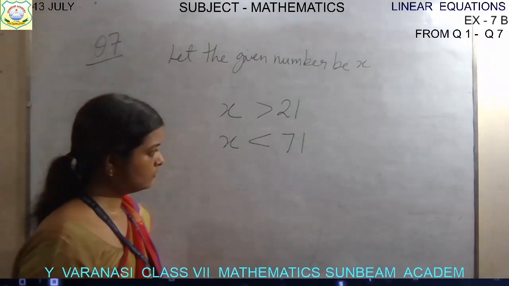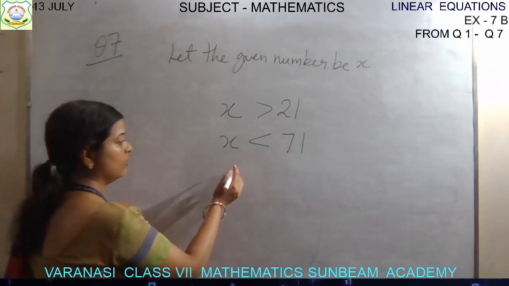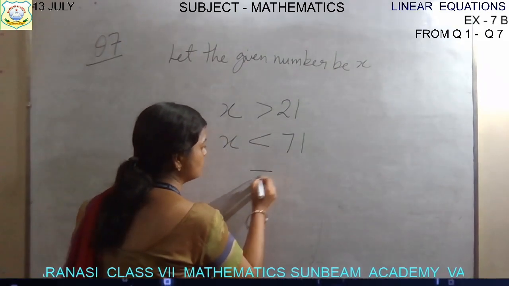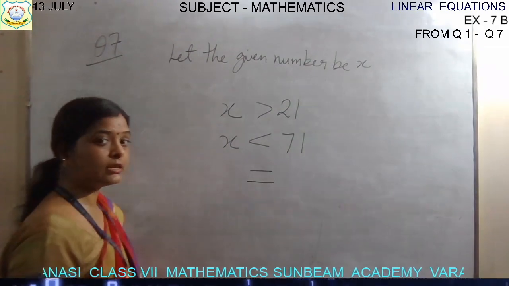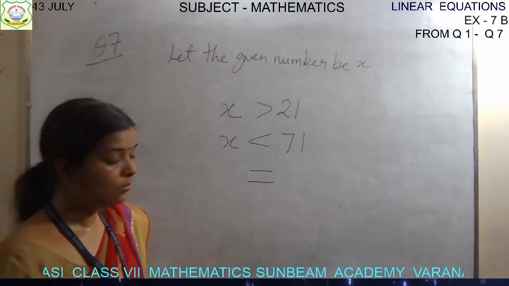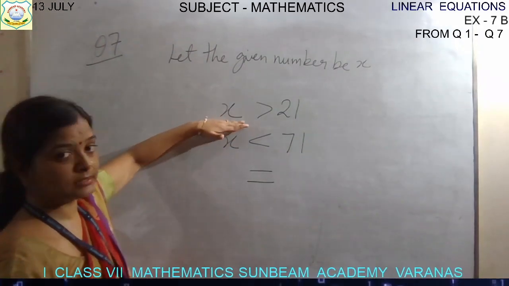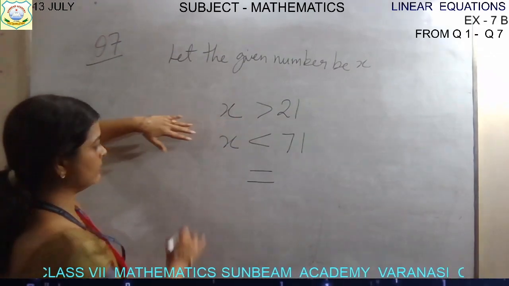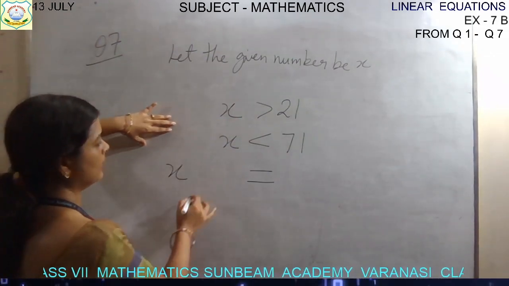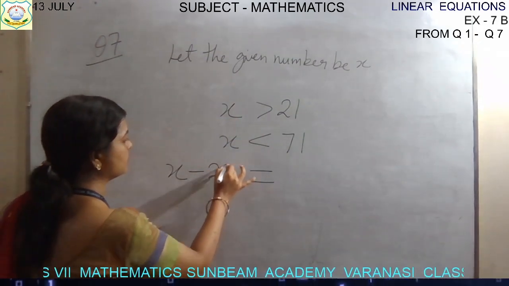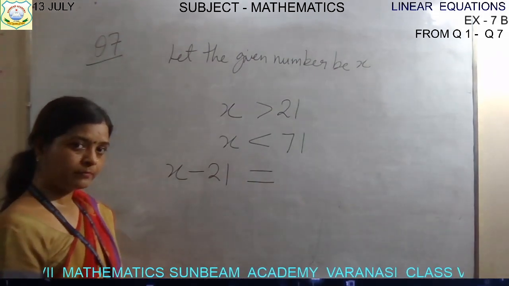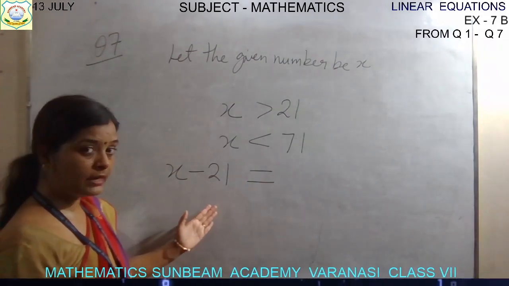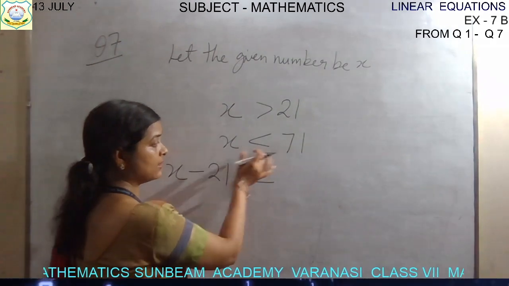Now we have to have some equality sign, then only we can solve. Now if this number is greater than 21, obviously we will write x here, and if we subtract 21, we will get something. As well as 71 is greater than x.